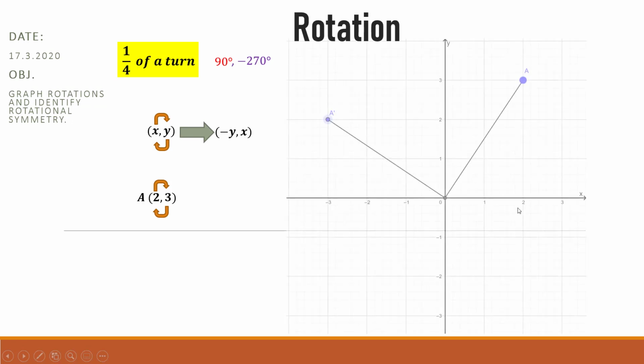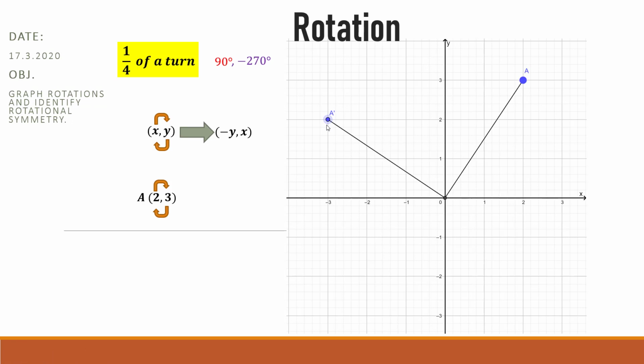Let's see the figure. We have here the point A, it's 2 and 3. And this is A prime, which is its image by rotation of 90 degrees or negative 270 degrees. A prime is negative 3 and 2. Excellent.